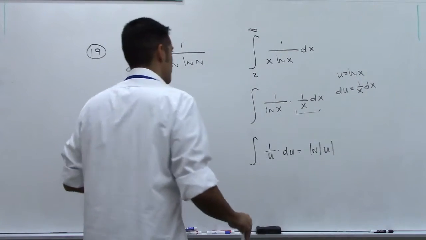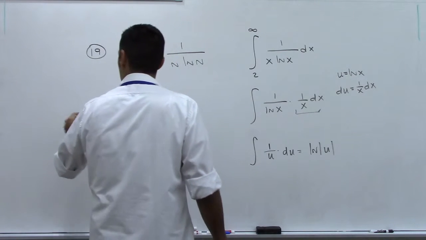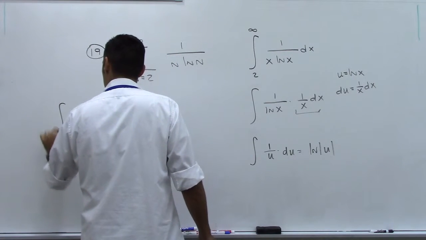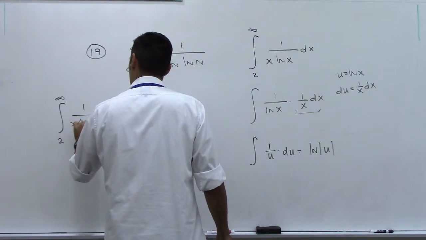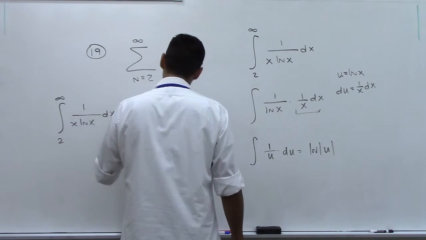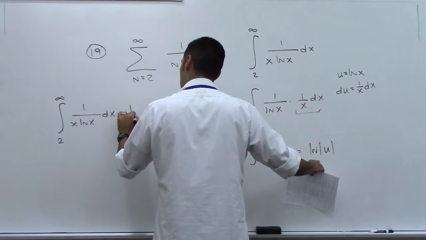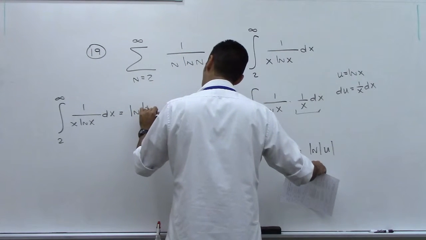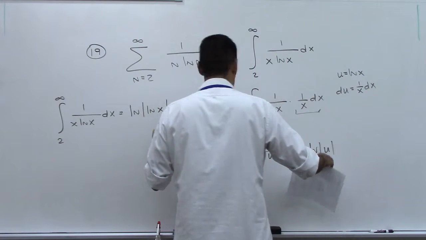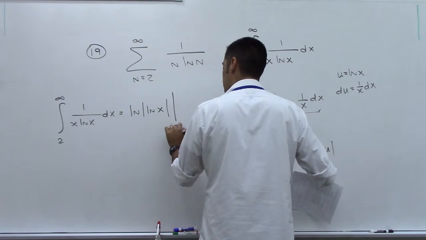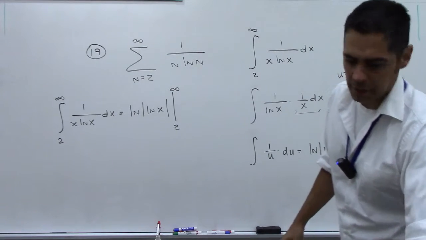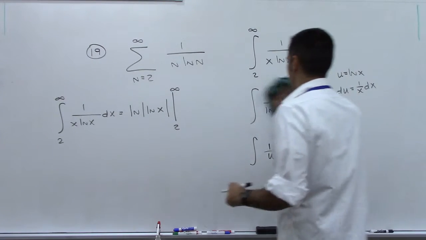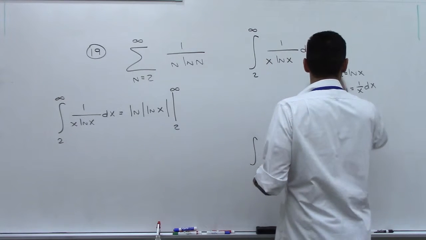Huh, interesting. So here's what we've got. We've got the integral from 2 to infinity of 1 over x natural log x dx equals the natural log of natural log of x, evaluated from 2 to infinity. Now I should be using a limit here. So let me go ahead and do that limit now.